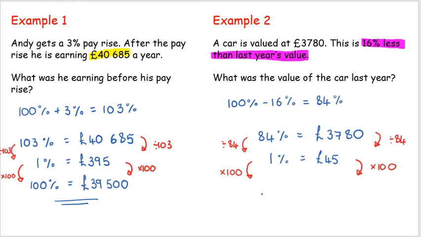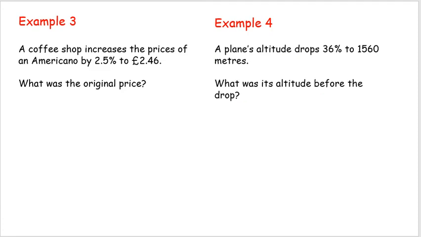Therefore, we can say that 100% is equal to 4,500. Okay, so before that 16% decrease, we had 4,500. The car was valued at 4,500. And again, you can check this by working it out. Have a wee go at the two questions, see how you got on, then check with my solution.